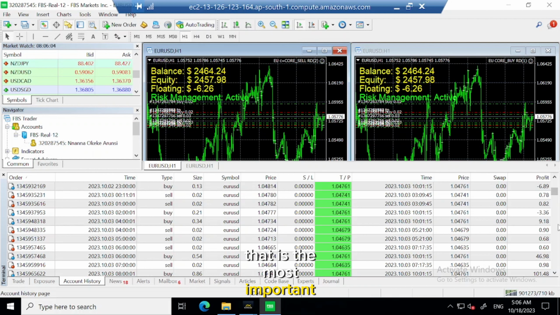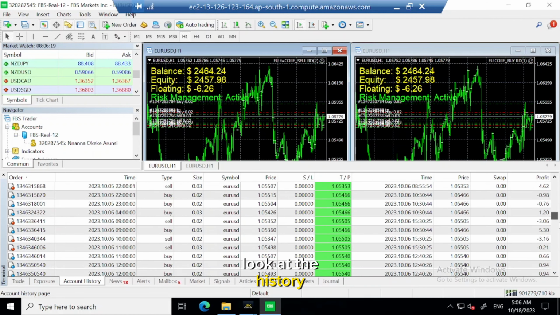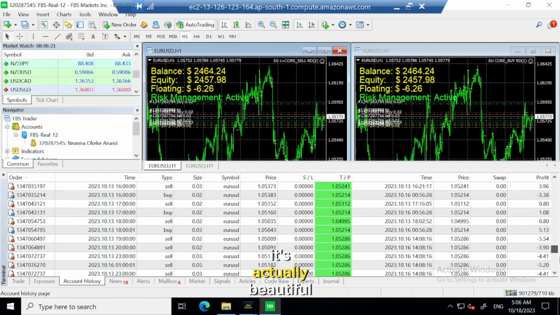That is the most important thing. These losses are bound to happen because the bot has to make recoveries. It hits a stop loss, it's going to take another trade. It's an EA that works tirelessly for you every single day. Just check this out. Look at the history. It's actually beautiful to behold.